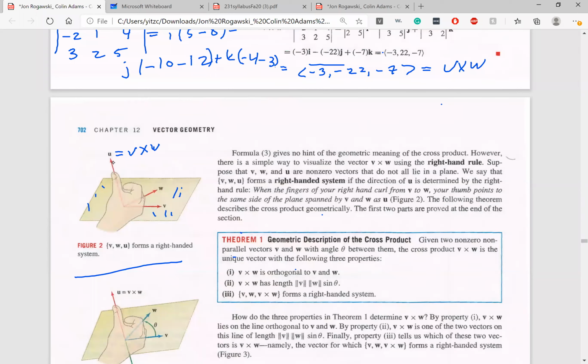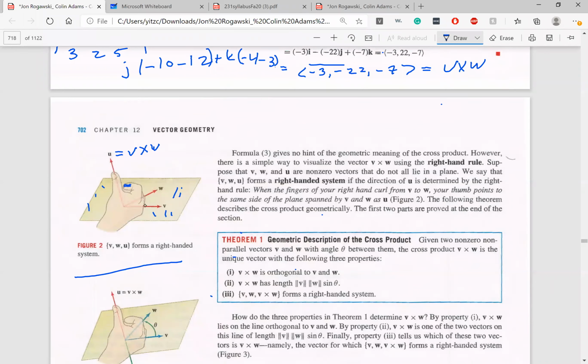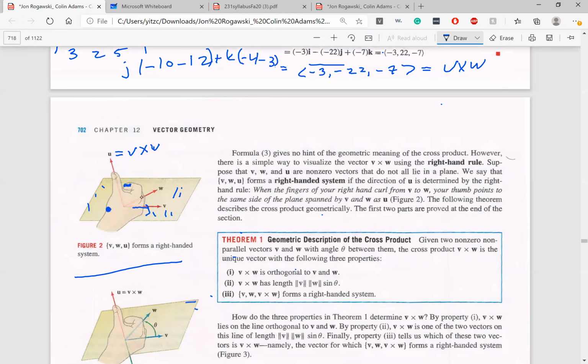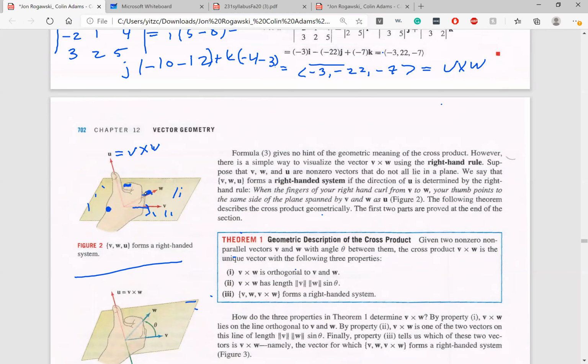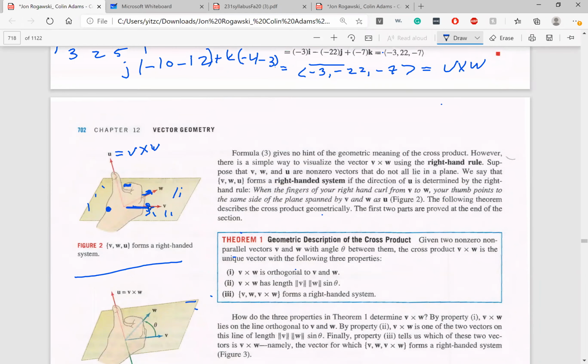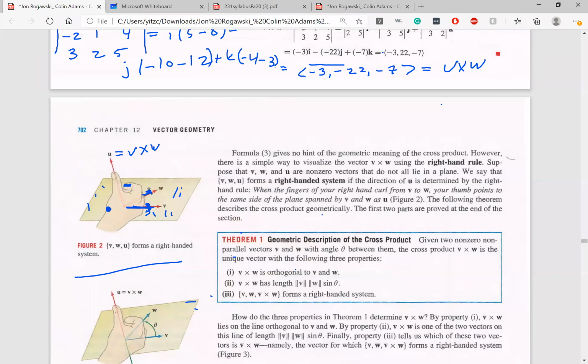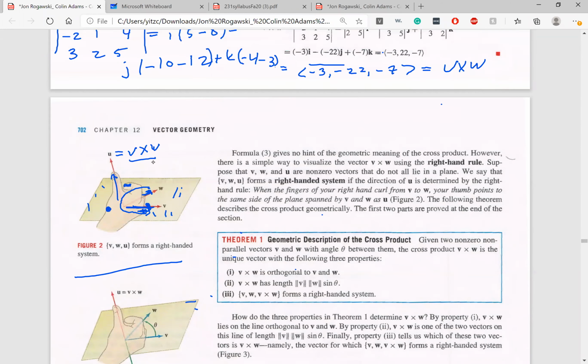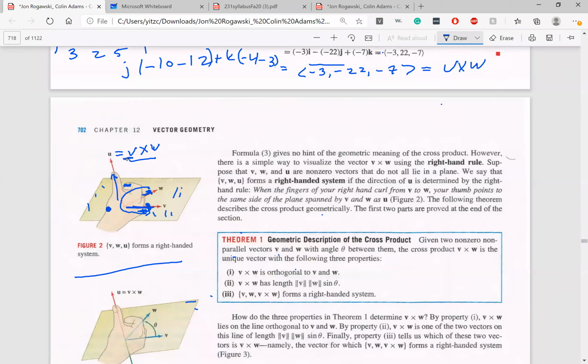So you should put your fingers in the direction of V and the palm of your hand in the direction of W. If this is V and this is W, then your fingers go here, the palm of your hand goes here, and then you look at your thumb. If your thumb is pointing upwards, then V cross W is pointing upwards.